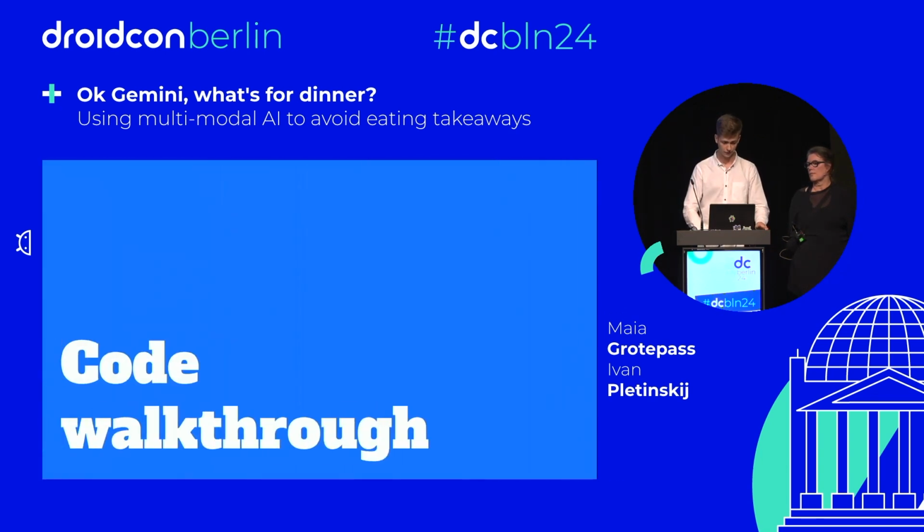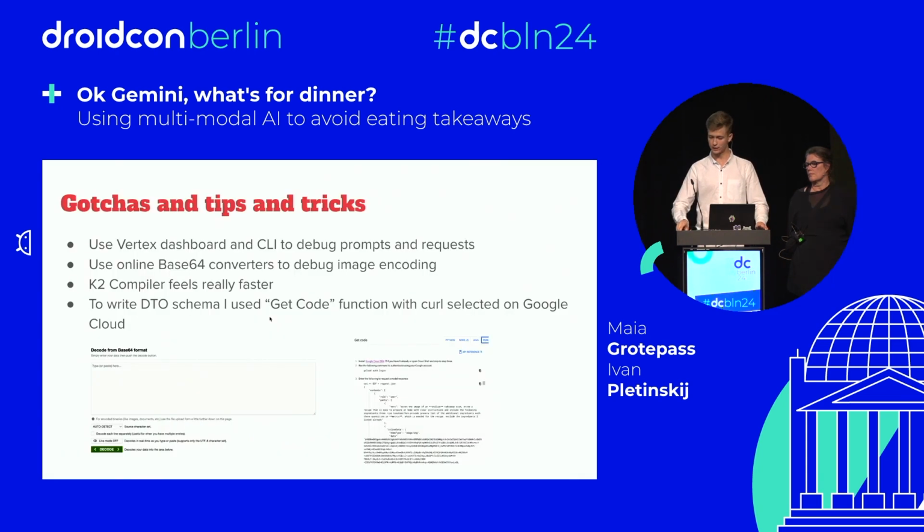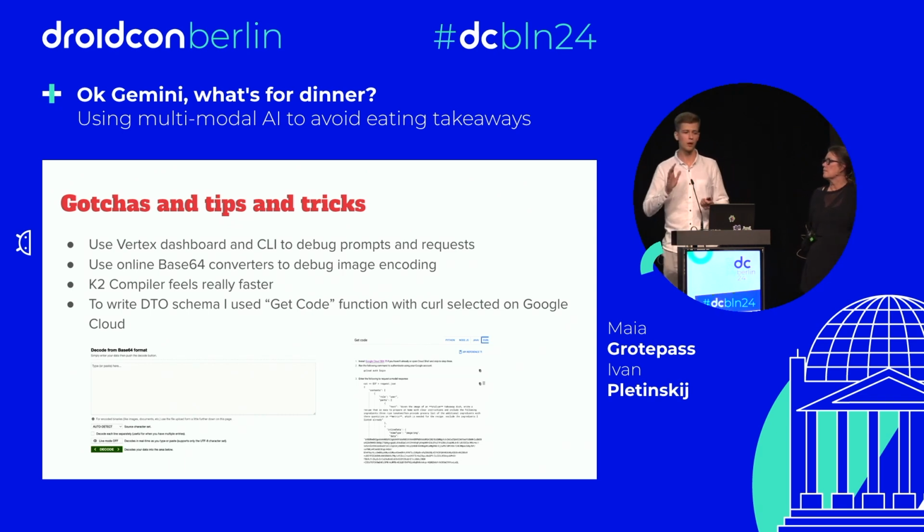I guess that's it. Let's talk about gotchas and tips and tricks we collected throughout our way. Use Vertex dashboard and command line interface to debug prompts and requests. Number one advice is do not spend your time and resources on what won't be working at all.